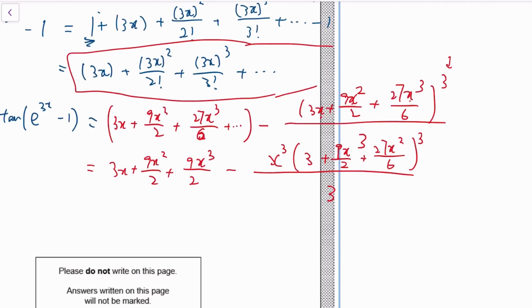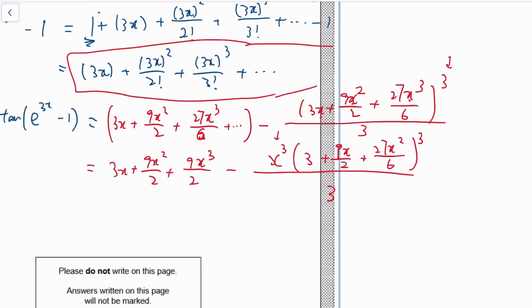Okay, this 3 is in the way. So first of all, what I did is I factor out the x. Now this is already a cube term. So if you multiply any more x to it, it will be of higher power than 3.